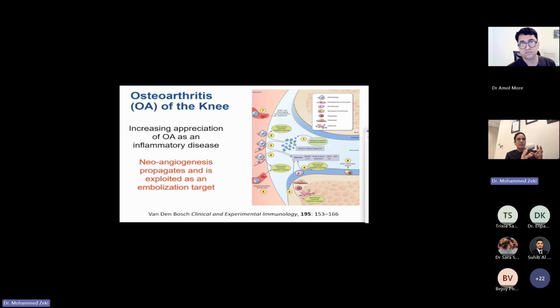These immune cells release mediators that not only cause pain, but also break down the cartilage matrix and worsen the changes due to osteoarthritis. And when we do the embolization, we stop this cycle of changes.